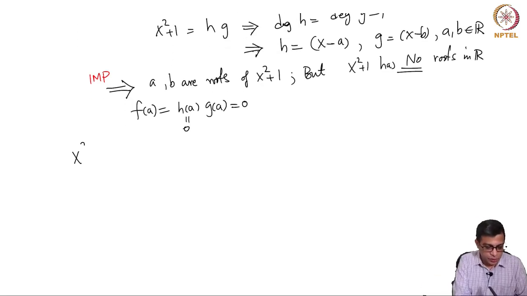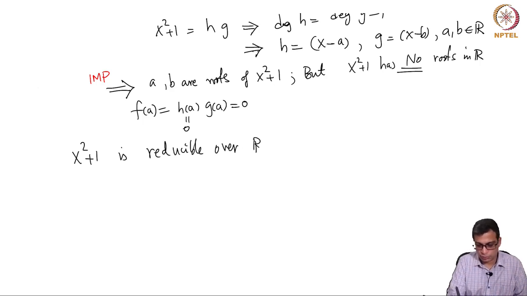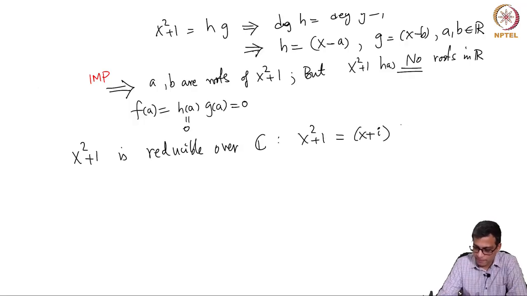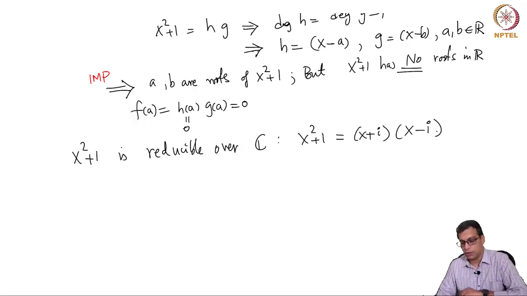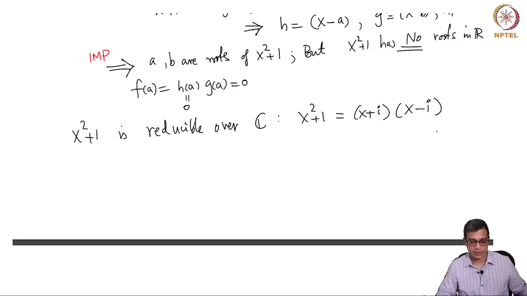On the other hand, x squared plus 1 is reducible over C, because x squared plus 1 can be factored as (x plus i) times (x minus i). So you do have a factorization in C[x] and not over R[x].